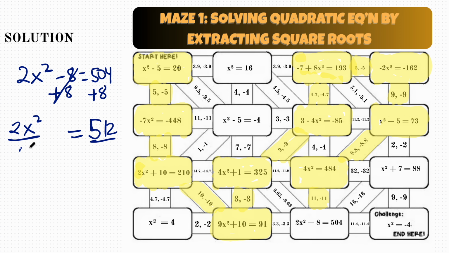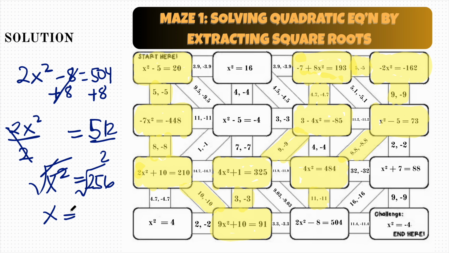Dividing both sides by 2, x squared equals 512 divided by 2. Half of 512 is 256. And guess what? 256 is a perfect square number. So we get the square root of both sides. x would remain here. The square root of 256 is 16, so the answer would be positive or negative 16. I'm going to shade this one.